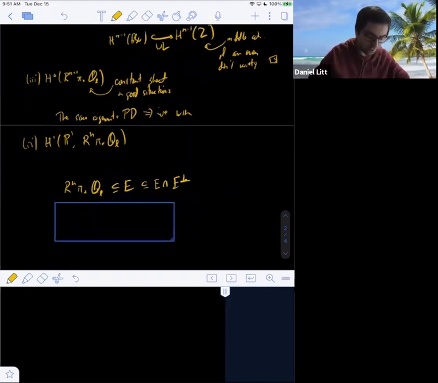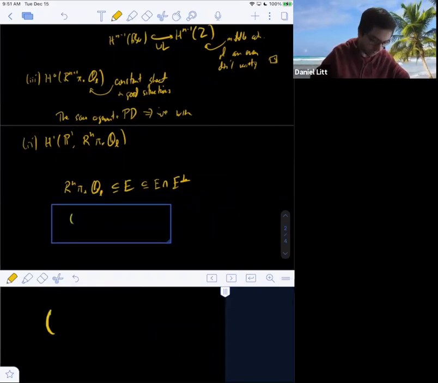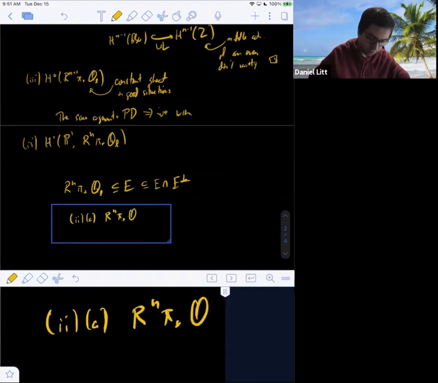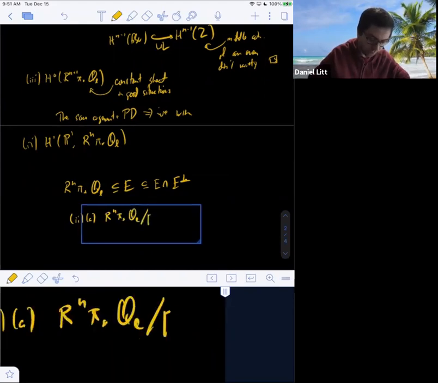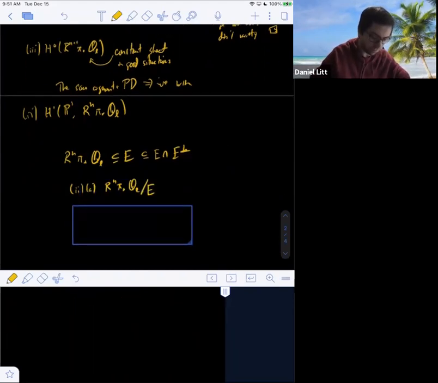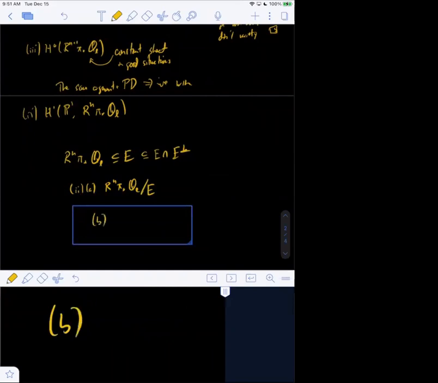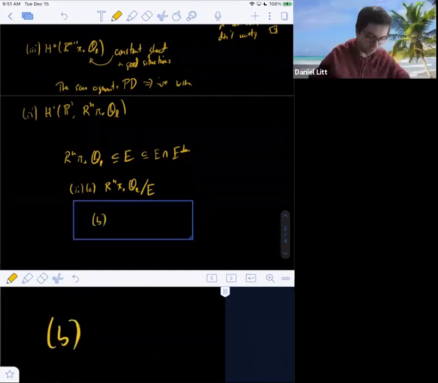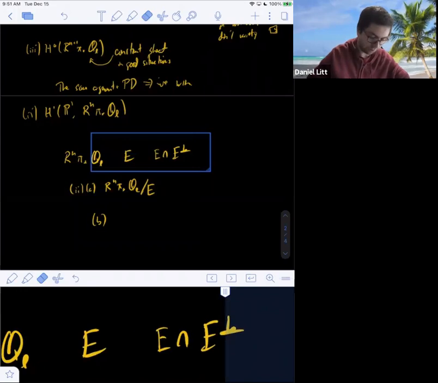All right, so we're going to study the 3 associated graded pieces. Part A will be, we're going to understand Rn pi lower star QL mod E. Wait, did the inclusions go the other way? I'm a little confused. Yeah, the inclusions go the other way. Sorry about that.